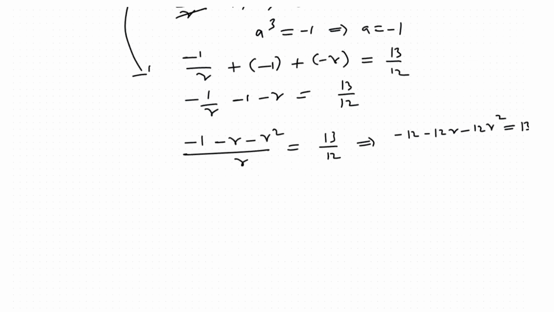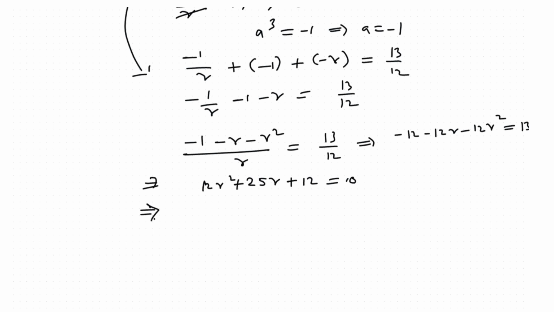So here, you would get 12r square plus 25r plus 12 equal to 0.